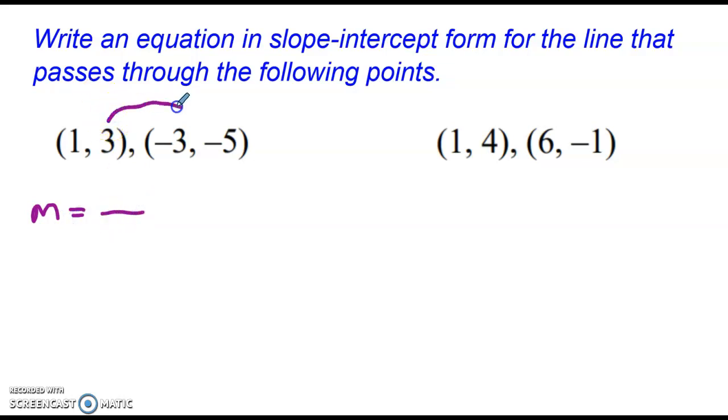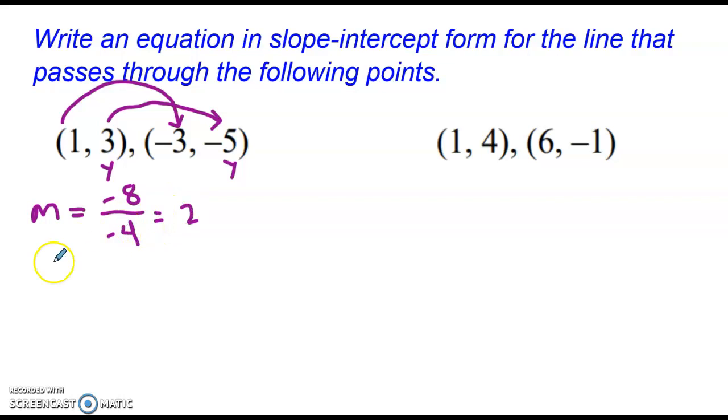Now, from 3 to -5, remember, think about the direction. This is my change in y, because these are my y values. From 3 to -5 is a change of -8. And then from 1 to -3 is a change of -4. So my slope then, when I reduce this ratio, comes out to be positive 2. -8 over -4 gets us positive 2.